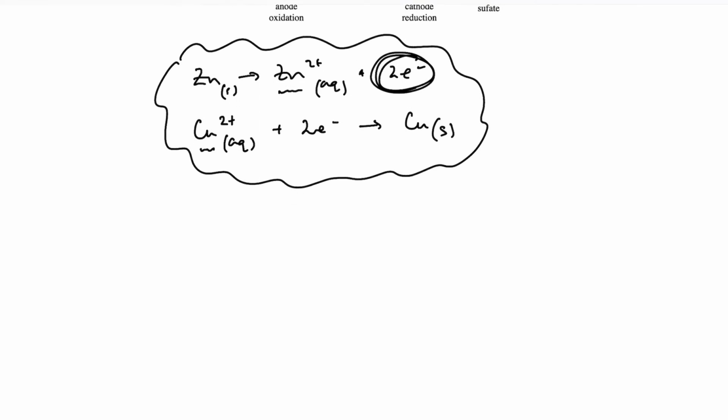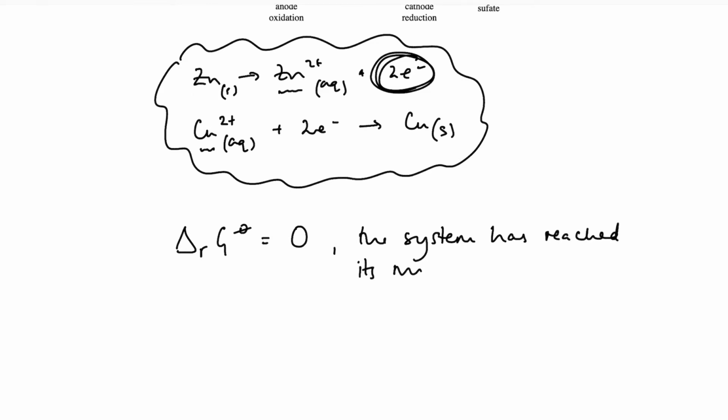So at equilibrium, we can definitely say the change in Gibbs energy is going to equal 0. Another way of saying it is that the system has reached its minimum Gibbs energy.